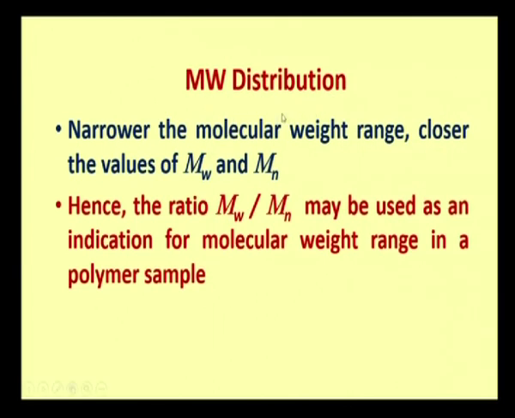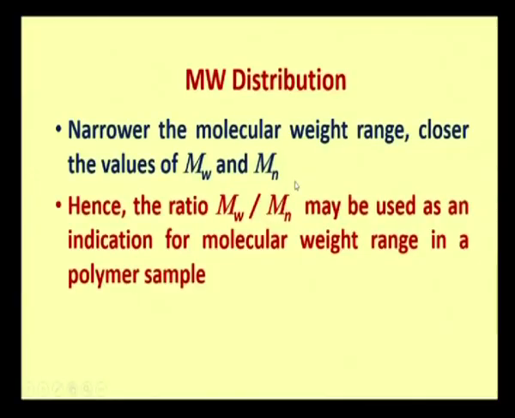Coming to the molecular weight distribution, narrower the molecular weight range. That means if I have a sample wherein there are lakhs of polymer molecules, the same polymer structure, but each one of the molecular chains possesses different molecular weights, and these different molecular weights are in the same narrower region.